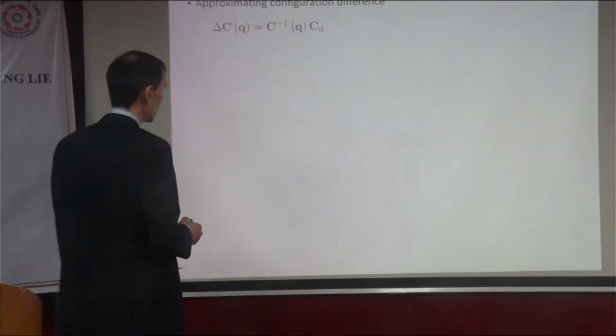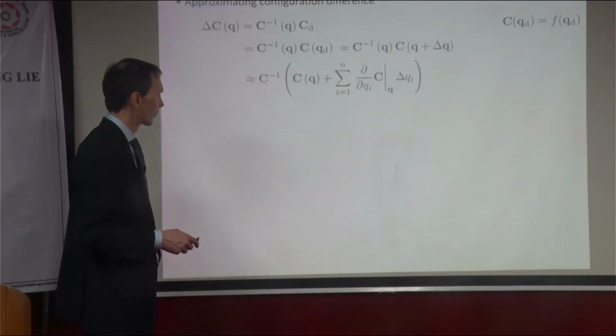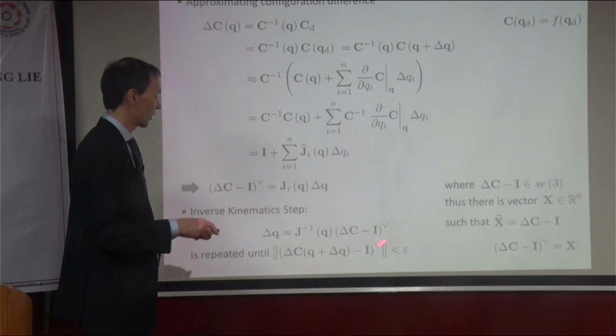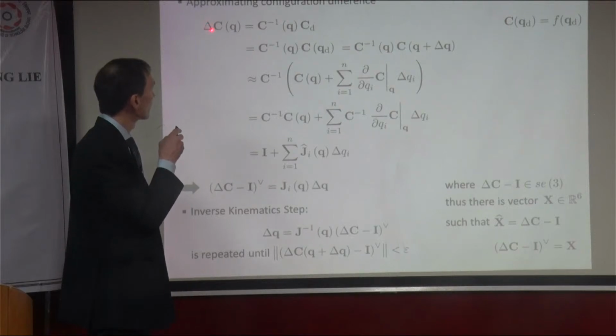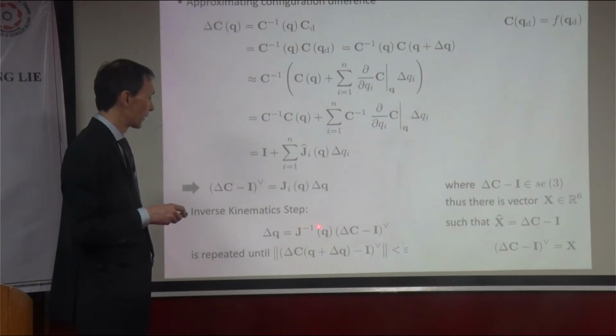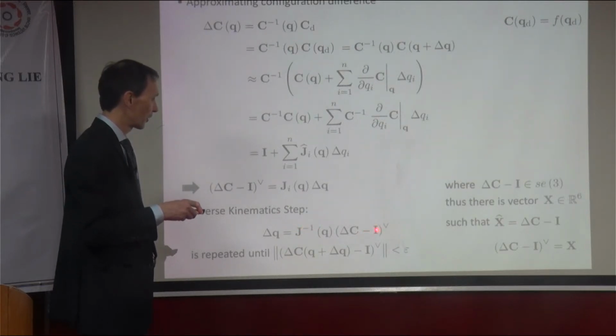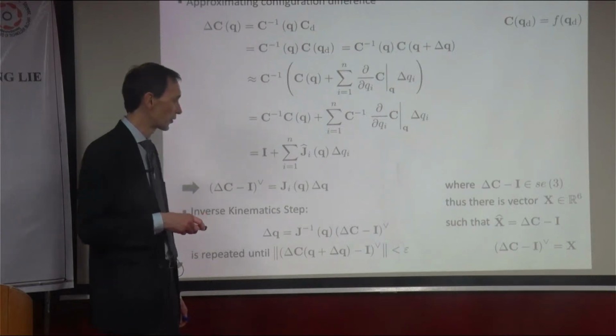Essentially what you have to do is that step here. So you have to compute this part. You compute delta C, by simply saying delta C is the current inverse minus the desired, and then you subtract the identity matrix, and that gives you a skew-symmetric matrix.